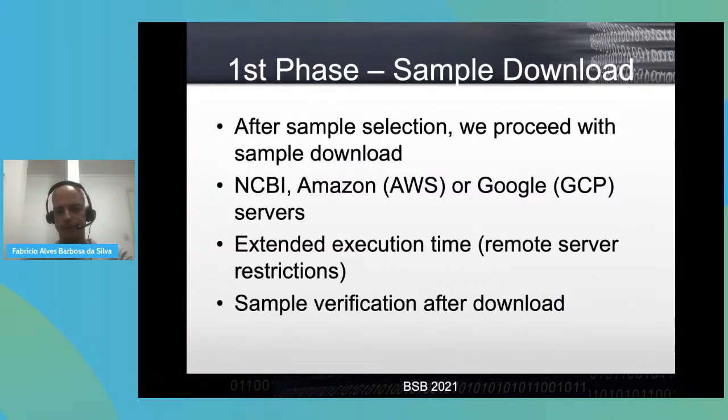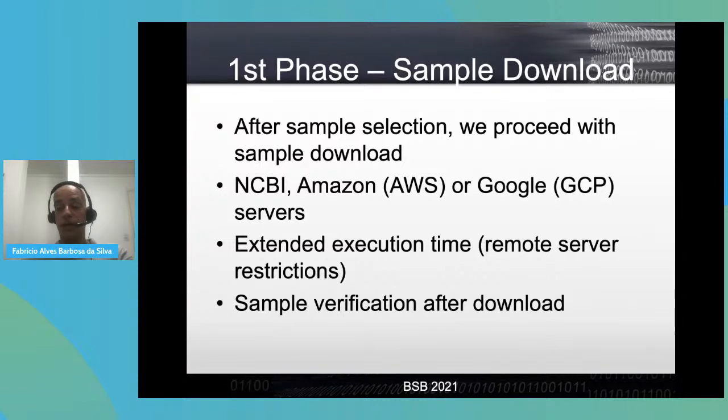So, if you have a particular data set, a set of samples that comply with this criteria, we proceed with the downloading. We use the NCBI server for that, NCBI portal, and we have actually 3 choices for downloading. We can use either the NCBI server or the Amazon or Google platforms. But it's something that we're still working on, in the sense that we still have an extended execution time for downloading.